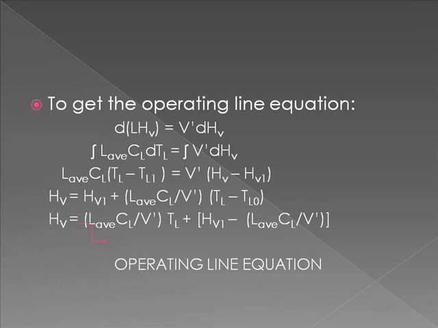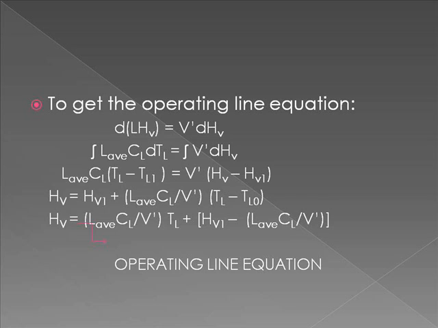To get the operating line equation, we equate the derivative of L HL with V prime dHV. And we take note that dHL is equal to L average CL dTL. So, the equation is L average CL dTL is equal to V prime dHV, and taking the integral, we have L average CL (TL minus TL1) is equal to V prime (HV minus HV1).